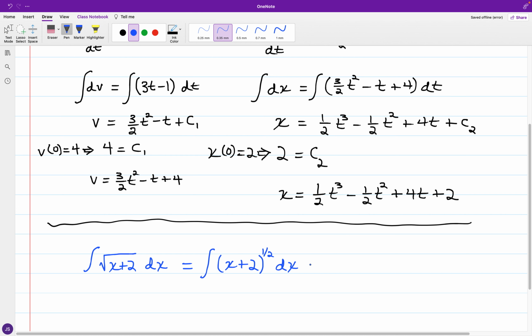With the power property, for x plus 2, the variable expression inside the parentheses, the derivative of x plus 2 just goes to 1, so I do not need to perform any kind of u substitution or the like. So I can just go with the power property.